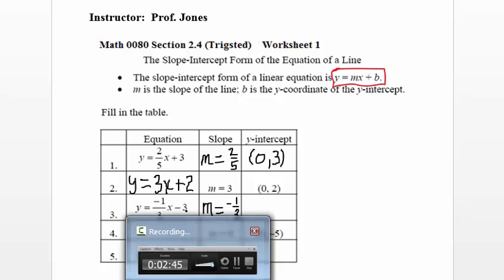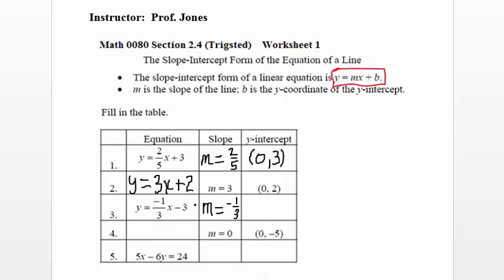I have subtracted from that 3. So that tells me the y-coordinate of my y-intercept is negative 3. So the y-intercept is the point (0, negative 3). So whenever I'm at a y-intercept, the x-coordinate is always 0.